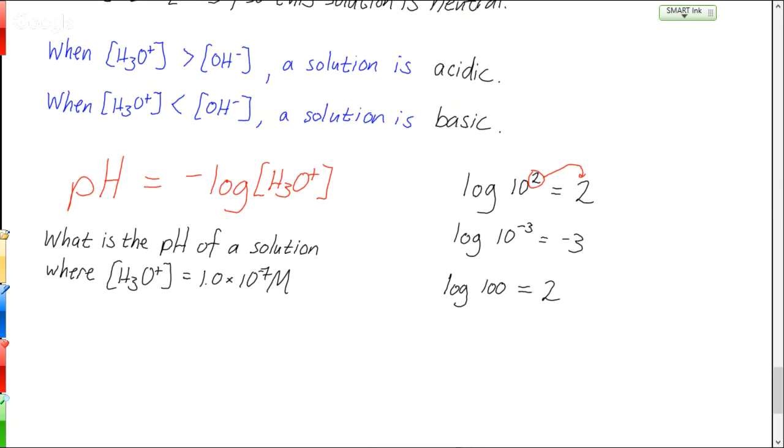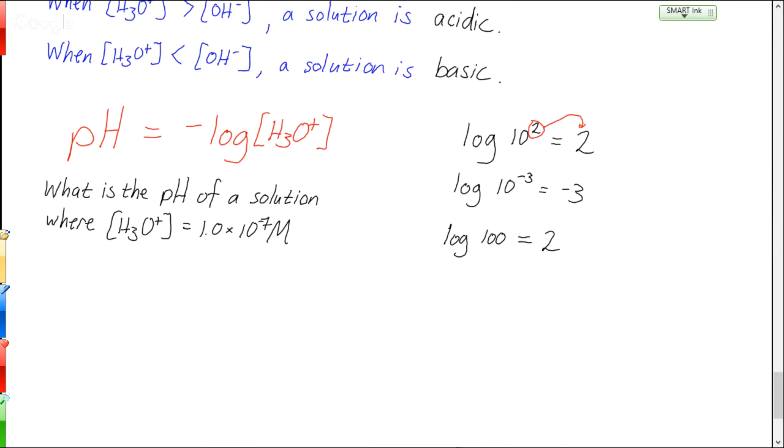So to find the pH, we evaluate that equation above, the negative log of the hydronium ion concentration. We say the pH is the negative log of that concentration. And then we can evaluate it. Based on what we just talked about with the log, we can say, all right, the log of 10 to the minus 7 is minus 7, right? We just get the exponent there.